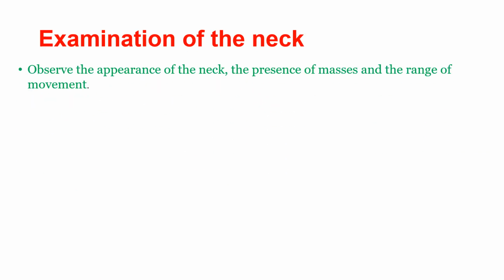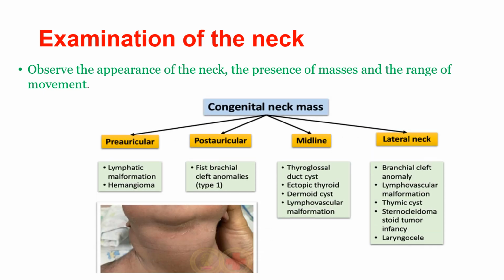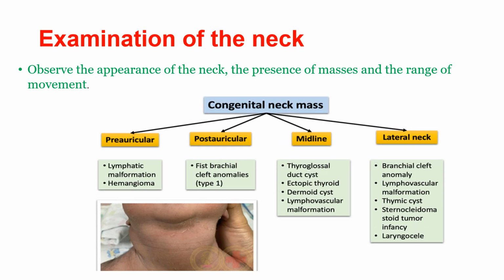Observe the appearance of the neck, whether the neck is short or not, whether there is redundant skin in the neck, and also the presence of mass and range of movement. If there is a congenital neck mass, try to classify it as preauricular, postauricular, midline, or lateral neck, because each has its own differentials.